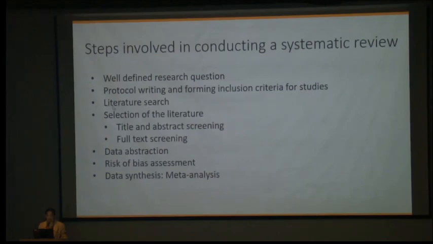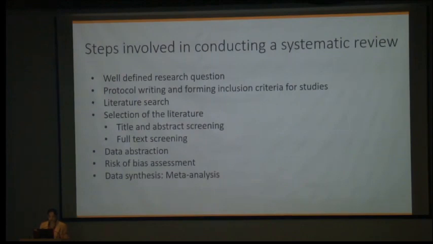We then go on about our literature search, and I'll tell you where to look for studies, but that's the next step. Following that, the selection and the abstraction of data, this is all done in duplicate by 2 reviewers. So the minimum number of people you require to do a systematic review is 2. You need at least 2 people.